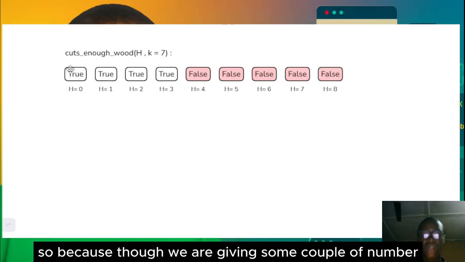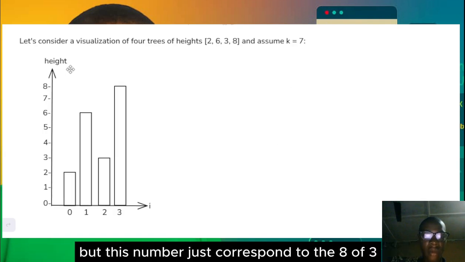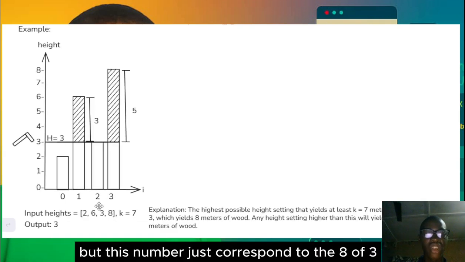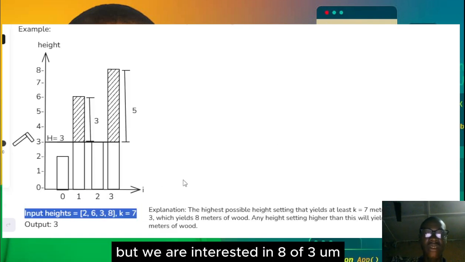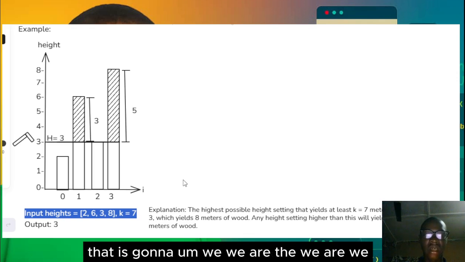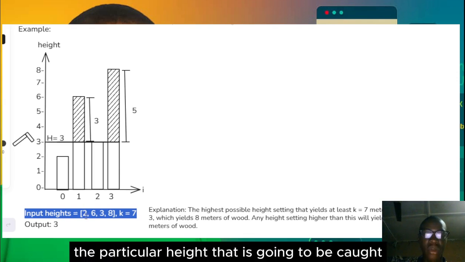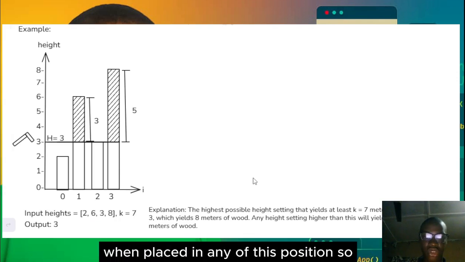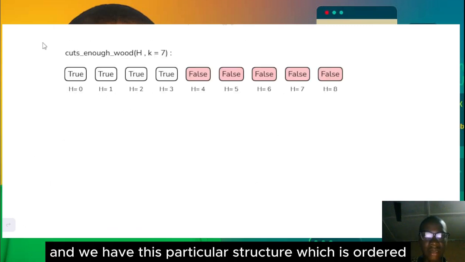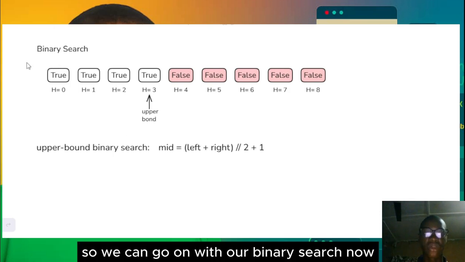Because though we are given a couple of numbers, these numbers just correspond to the heights of the trees, but we are interested in the particular height that is going to be cut when placed in any of these positions. And we have this particular structure which is ordered, so we can go on with binary search now.